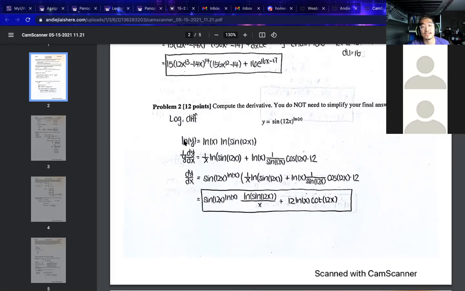And here you can compute 1 over y times the derivative, and you get 1 over x as the derivative of ln x. Here use the product rule. And you multiply by y. The y is this function itself, sine of 12x to the power natural log x.